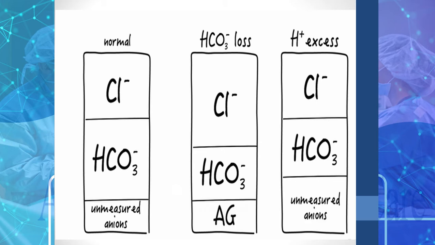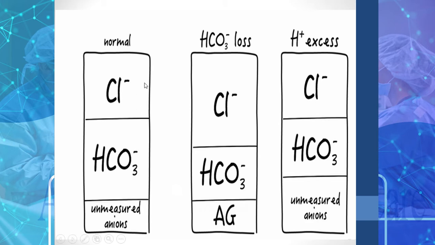The first one, where HCO3 is lost. Usually this loss of HCO3 takes time, and during that time the body compensates by increasing the chloride, because the body strives also to maintain electroneutrality.